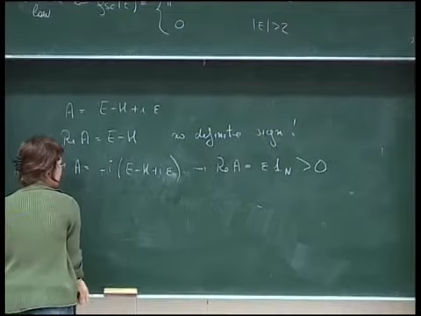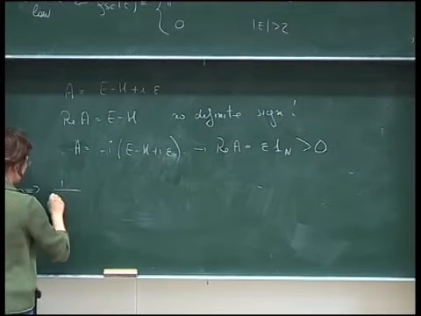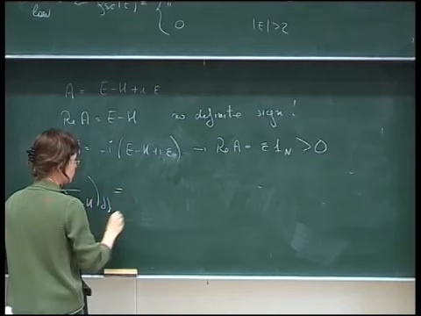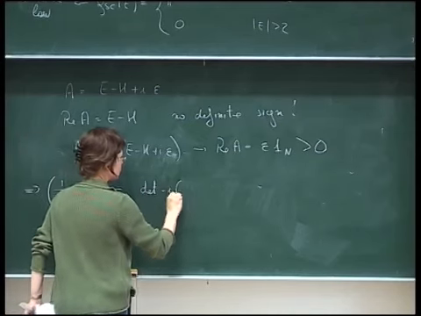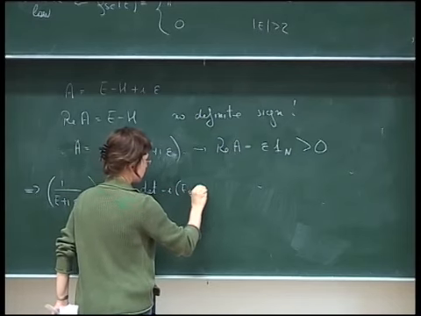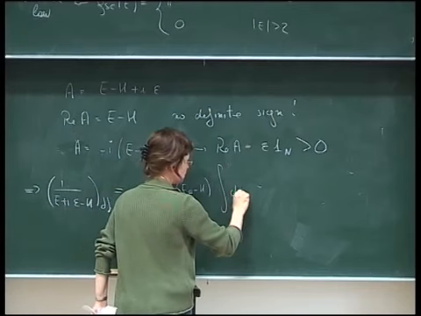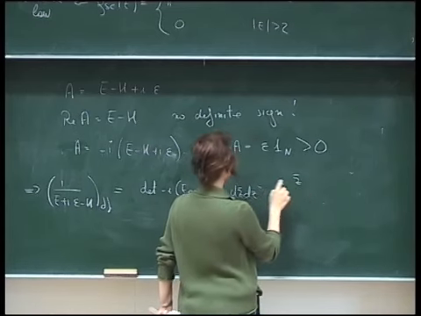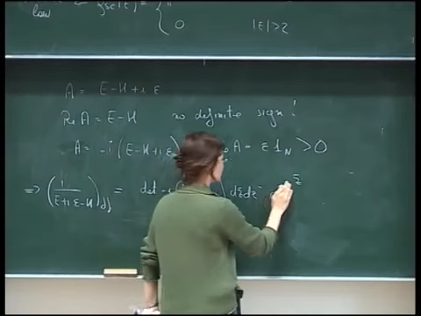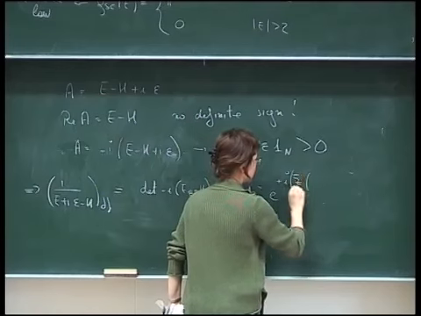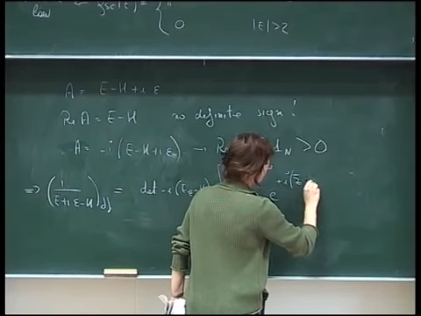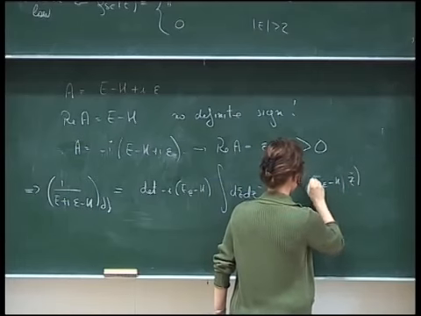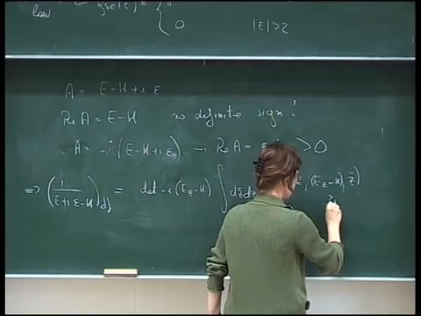So now we apply it, and we get this equal to determinant of minus i (E plus i epsilon minus H), integral over dz bar dz. Now, if I have a minus here and a minus i here, we get plus i z bar (E plus i epsilon minus H) z and z j.